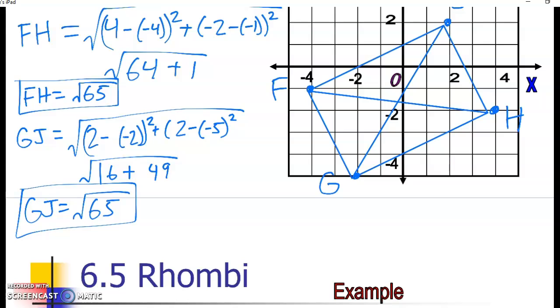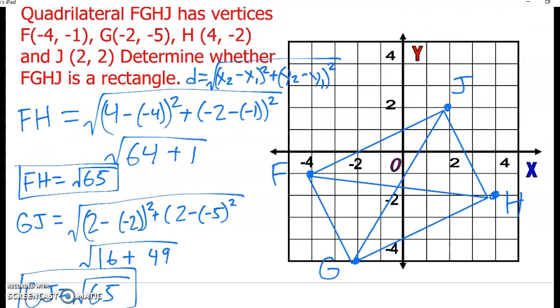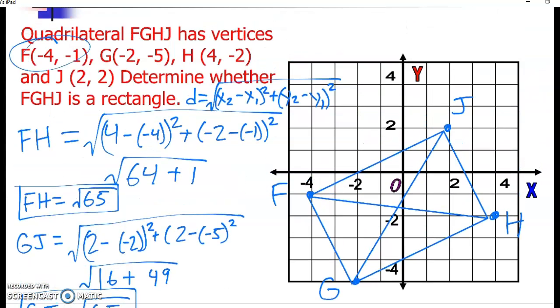But remember, we have to have both of those tests pass in order for it to be a rectangle. So what we're going to do next is look at these and figure out the midpoint, and then we can figure out if they bisect each other or not. One way we can do that is to look at F and H. We can find the midpoint of that, which if you just added up the two x's together and divided by 2, you would get 0 divided by 2.